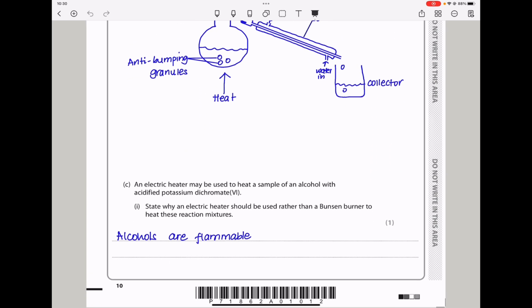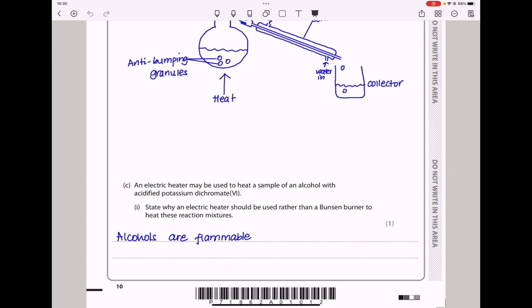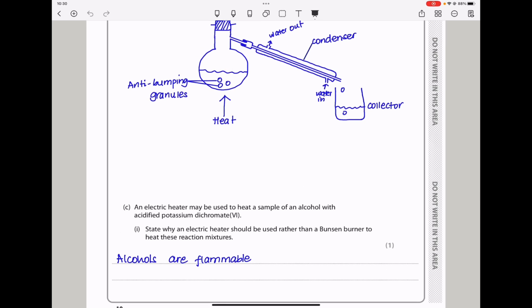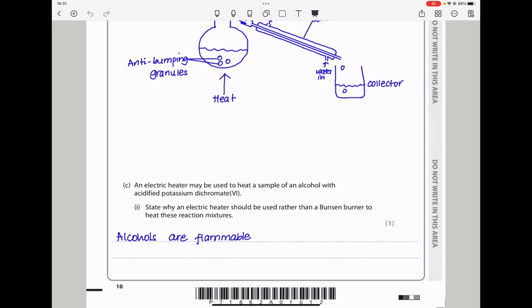So down here they say, an electric heater may be used to heat a sample of an alcohol with acidified potassium dichromate. State why an electric heater should be used rather than a Bunsen burner to heat these reaction mixtures. Because alcohols are flammable and the alcohol is a reactant here, you want to avoid accidents, so it's better to use an electric heater that does not have an open flame.